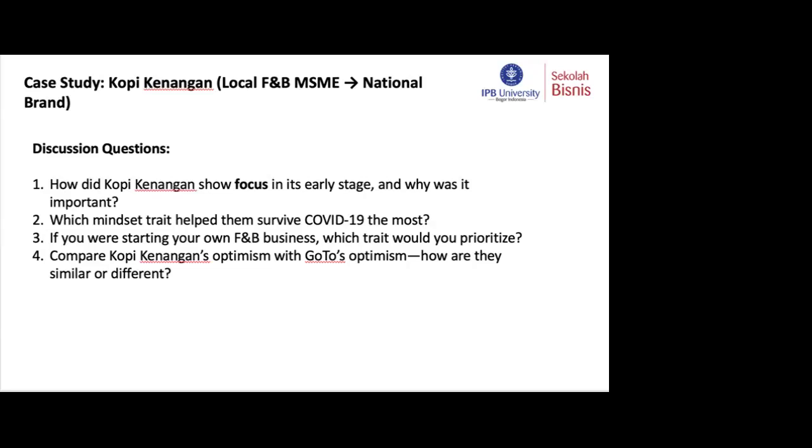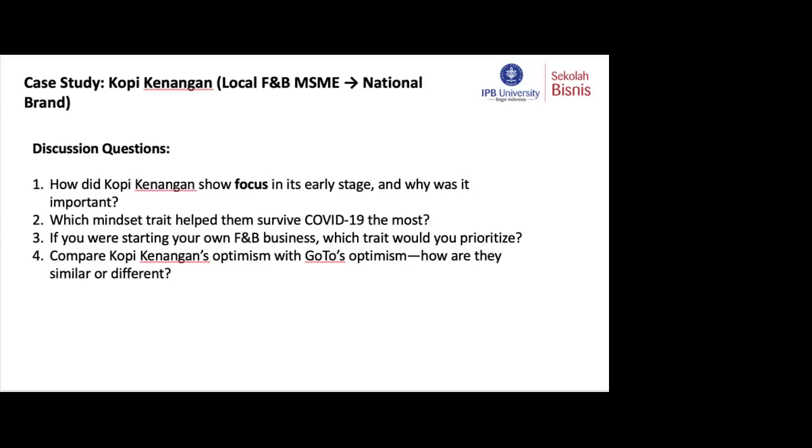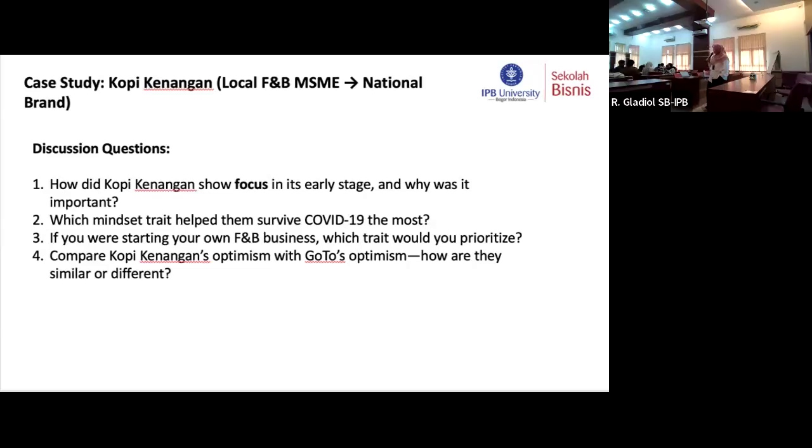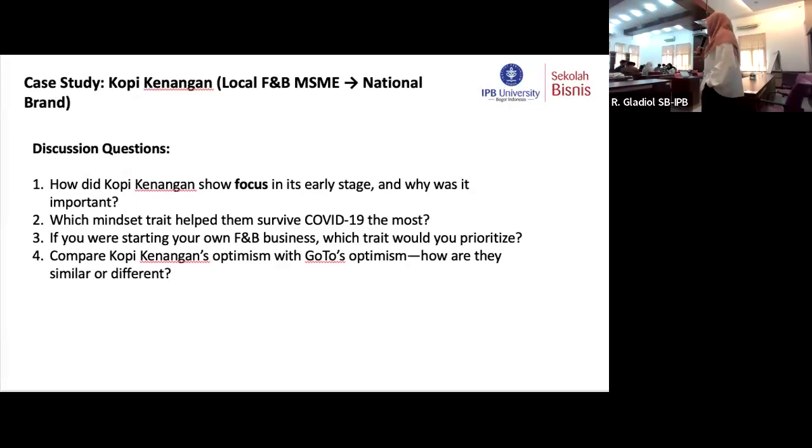So we think Kopi Kenangan showed focus by providing affordable but good quality coffee that is cheaper than other competitors and keeping their menu simple at first. We think this was important because it made their brand easy to remember and attractive for middle class customers. So it's necessary for the middle class, for their consumers, right?